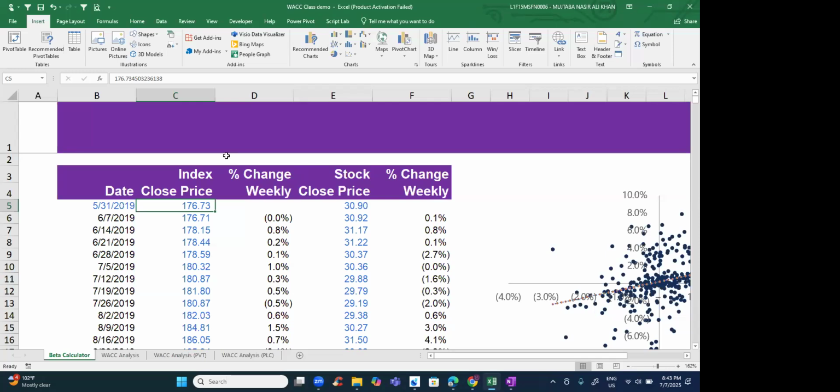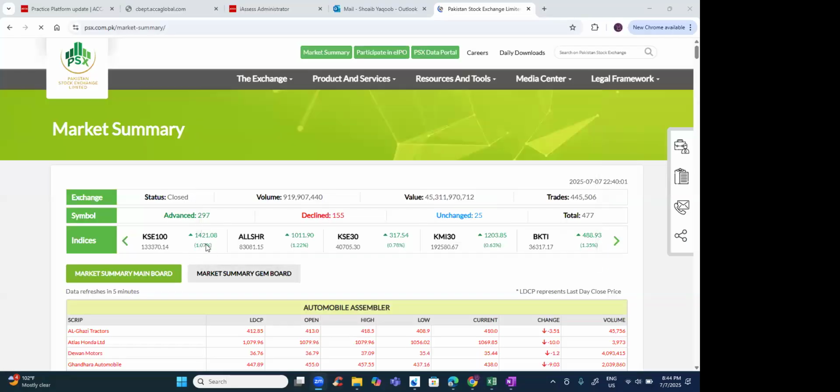Let me show you. Today, the KSE 100 index moved to 133,370. The historical movement of the KSE 100 index is available on the website pakistanstockexchange.com.